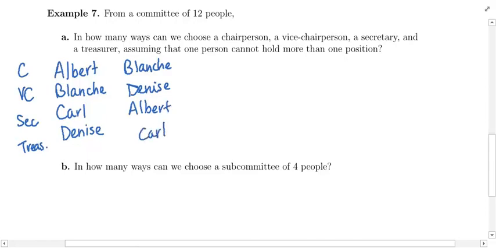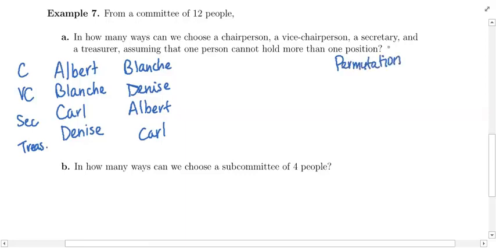So what has this done? Well, now Blanche is the chairperson, Denise is the vice chairperson, Albert is the secretary, and Carl is the treasurer. So things have indeed changed. Who's holding which position has changed from the first order. So changing the order matters, because it changes who holds what position. So that makes this a permutation.